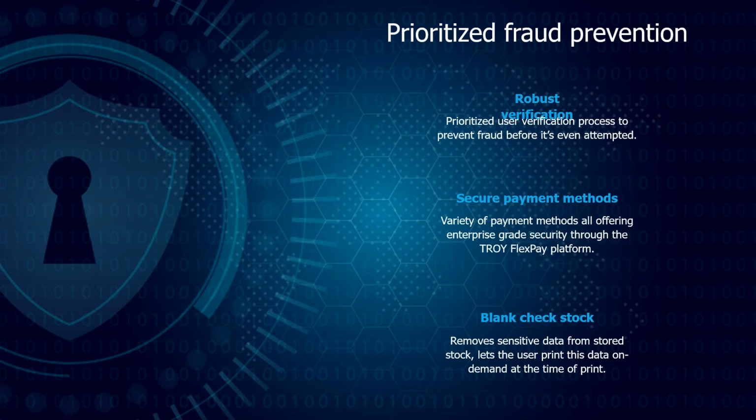I also wanted to note something very important about our application. From an application security standpoint, FlexPay is continuously maintained at a 950 UpGuard score. UpGuard is a measure of security risks, vulnerabilities, and overall cybersecurity posture.